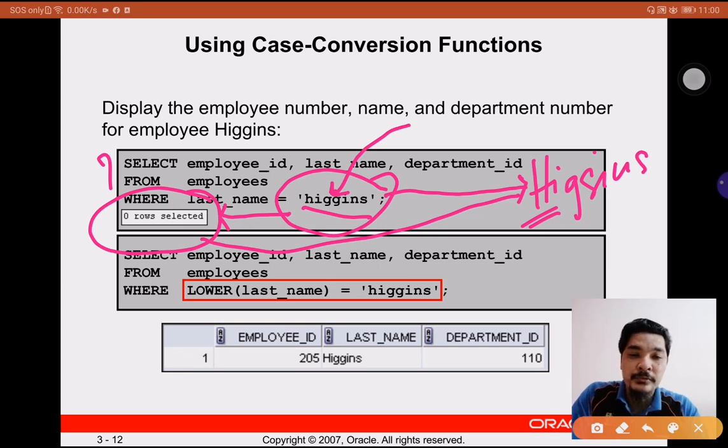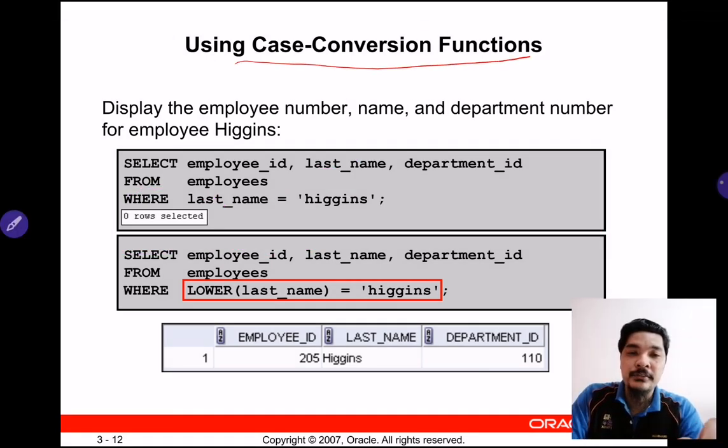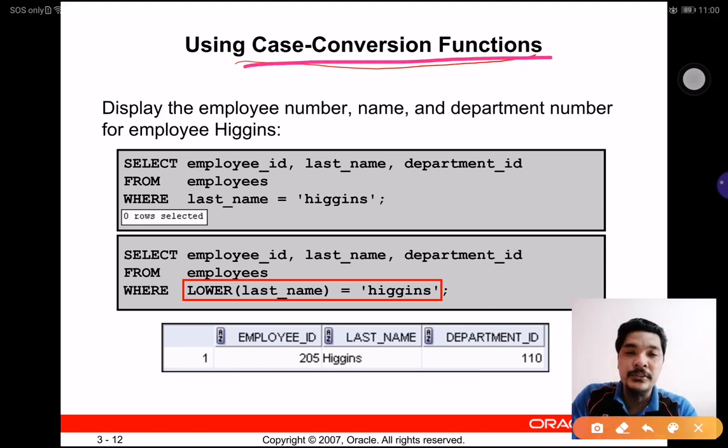So how to solve this problem? Quite simple. That's why we use a case conversion function. We put here: select employee ID, last name, department ID from employees where lower last name equals higgins. It means that whatever data we put in the table, it will be converted into lowercase, and the argument higgins is also lowercase.